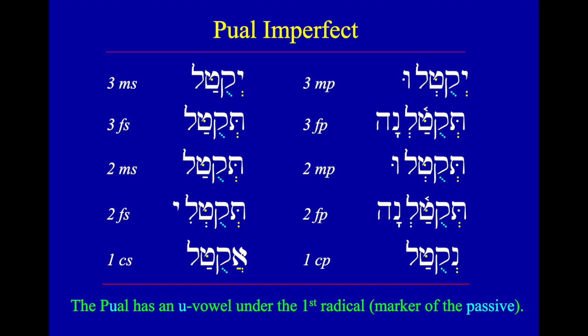So instead of, he will make great, he will enlarge, if this was yegaddal in the third masculine singular, instead of that meaning he will enlarge or make great, it would then be he will be enlarged, right? Or maybe he will enlarge himself, right?